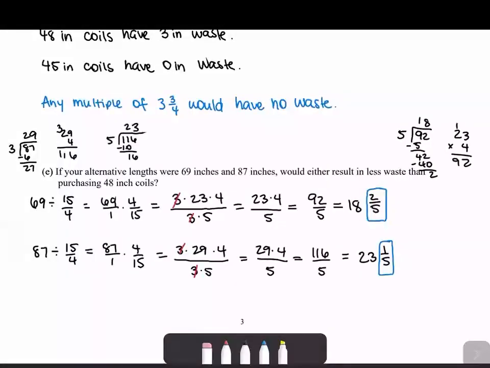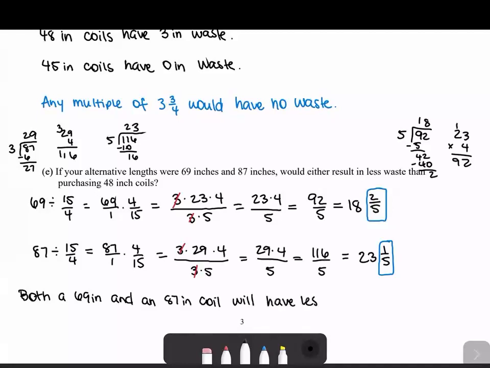If you recall, when we talked about ordering fractions, if things have the same denominator, then the numerators are all that you have to order. So both a 69-inch and an 87-inch coil will have less waste than a 48-inch coil.